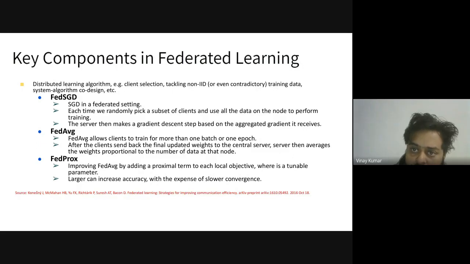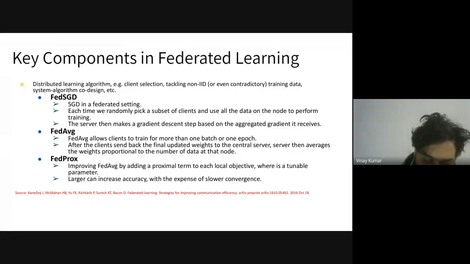What we will consider for updating the parameters, the first one that comes into the picture is the federated SGD model. Here, we will use SGD.